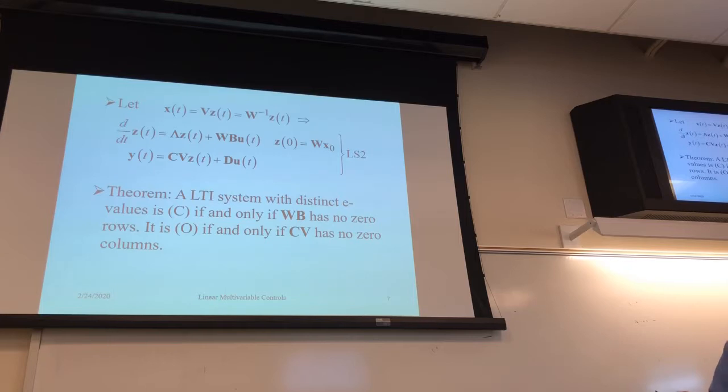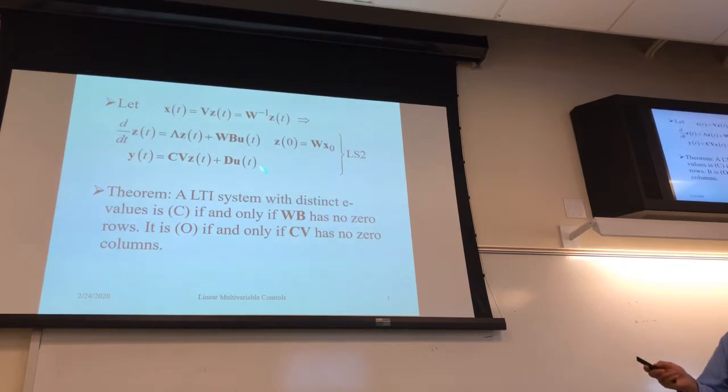So an LTI system with distinct eigenvalues is controllable if and only if W times B has no zero row, okay? That makes sense.